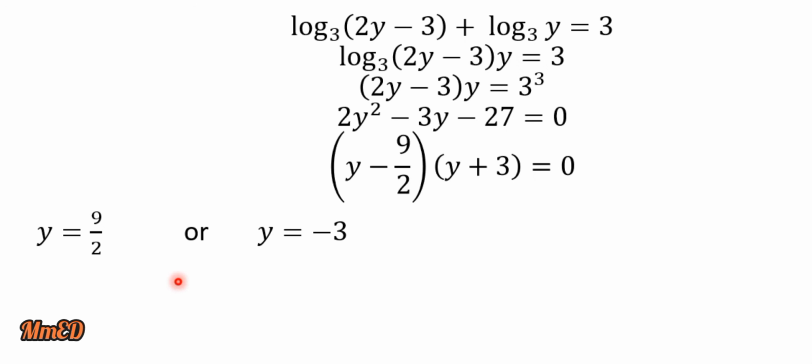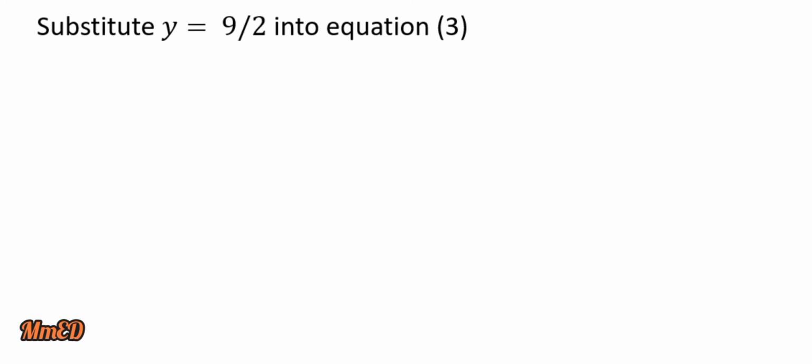Okay, so since y is a log number, that means that we have to discard the negative. So we pick the positive value. So by picking the positive value, we substitute the positive value into our equation 3. Then from there we have this 9 on 9 on 2.